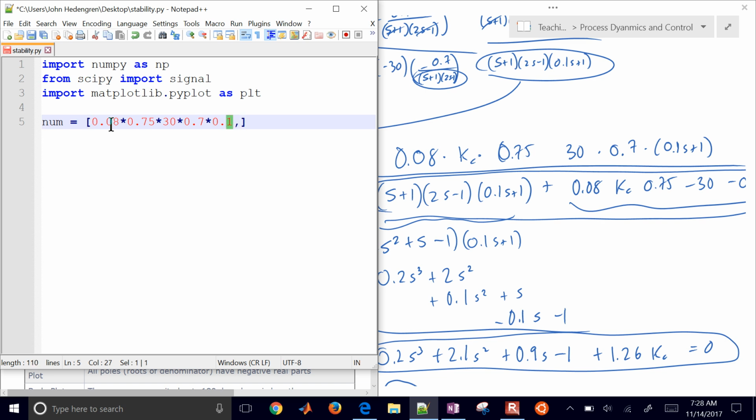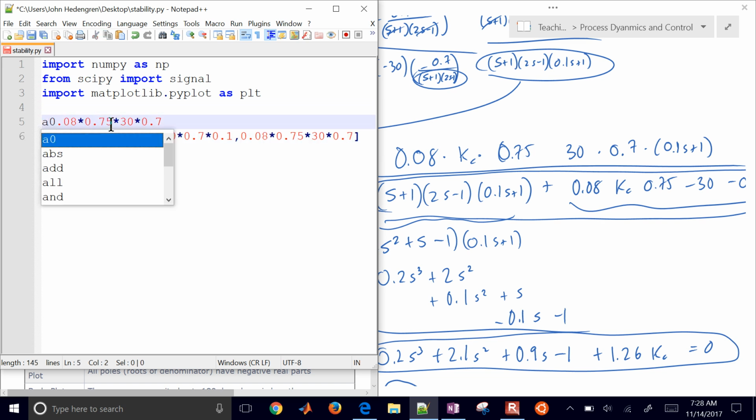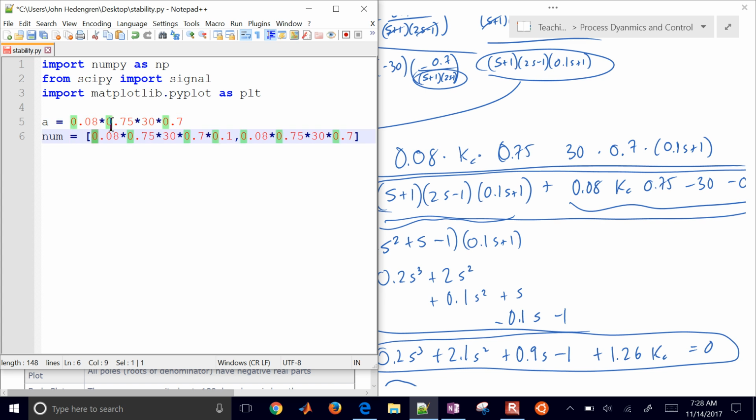Okay, that's going to be the s term. And then I'll also have that same thing except no 0.1 there for the second term of my polynomial. Okay, I guess I could have computed this earlier. Okay, there I go. And then my denominator.